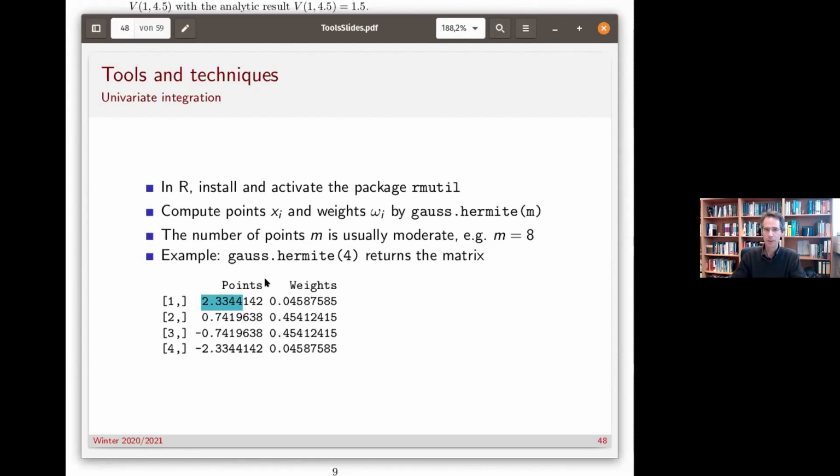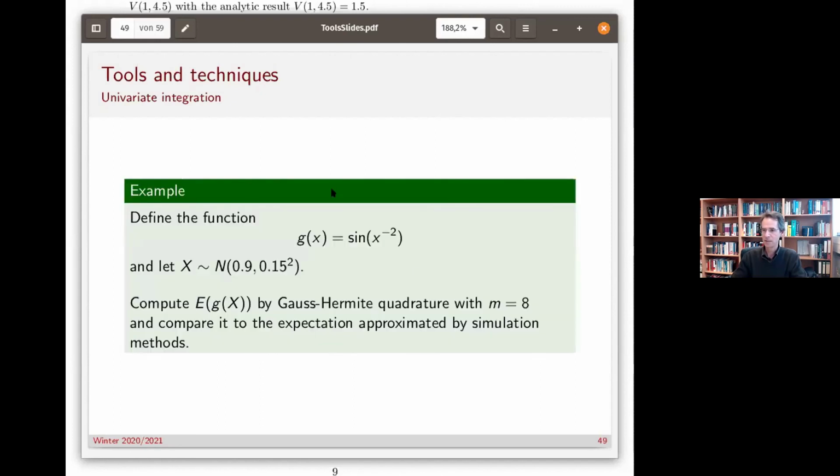These are the points where we evaluate the function, if it's a standard normal distribution. Otherwise, we have to shift that. And these are the weights we attach to that. And then, for instance, if we want to compute the expectation of this object here, the sine of x to the minus 2, if x has a normal distribution, we could use the Gauss-Hermite Quadrature method.